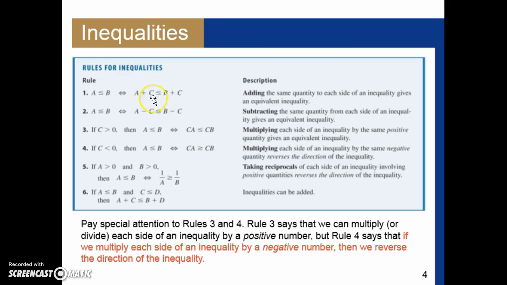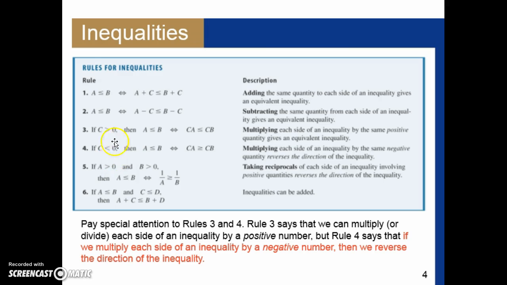That relationship of A being less than or equal to B still holds true. If I multiply through by a positive constant, a positive value, then that relationship is unchanged. If A starts out the relationship as less than or equal to B, and I multiply both sides by C, that does not affect that relationship.